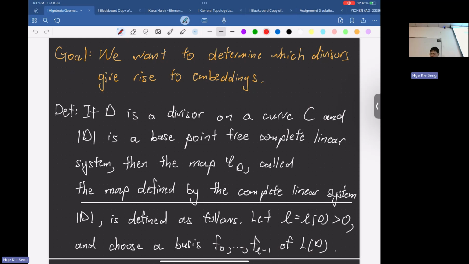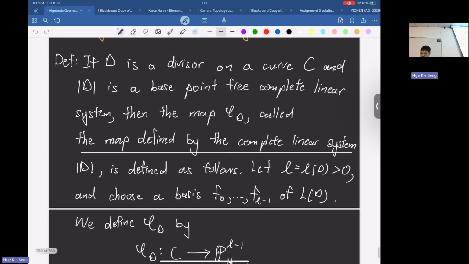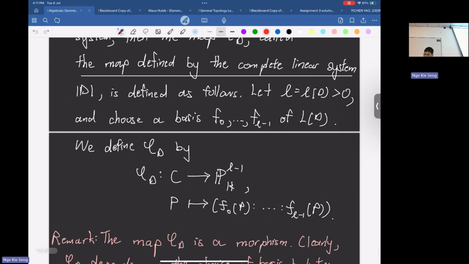If I give you a divisor D, then you can consider the modulus of D. It's also a base point free complete linear system. These are all the effective divisors that are linearly equivalent to D, and the map phi_D is called the map defined by the complete linear system.